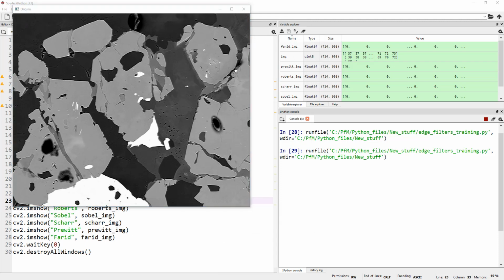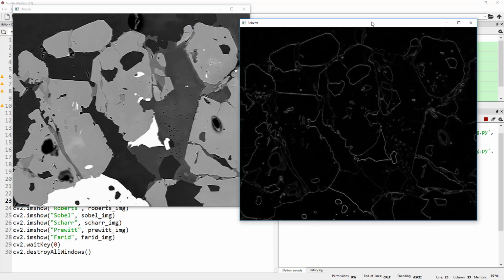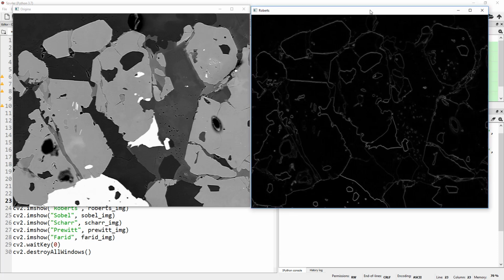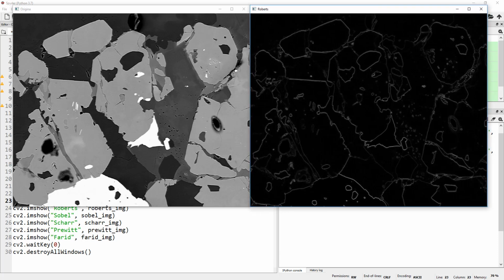Roberts. Here is the Roberts. It actually worked very well, including these faint ones right around here. These two I don't see much there, but it's a pretty good one. One thing you notice is that some of these edges are strong and some are weak.